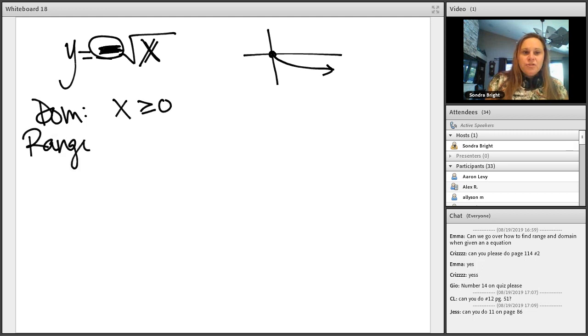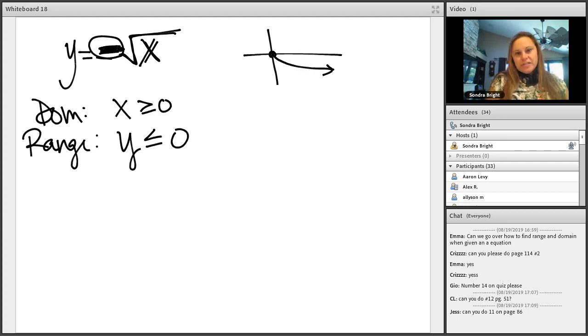Your range, if it was just a positive square root of x, you're going to have y is greater than or equal to 0, but this negative makes it y is less than or equal to 0. So make sure you pay attention to that. A negative in front will flip it, reflect it across the x-axis, and so it ends up making negative y values.